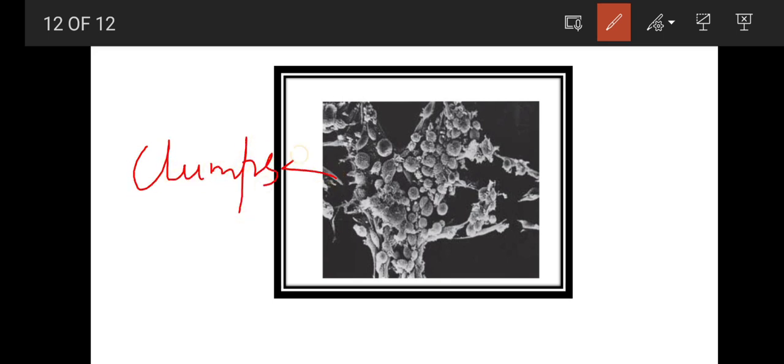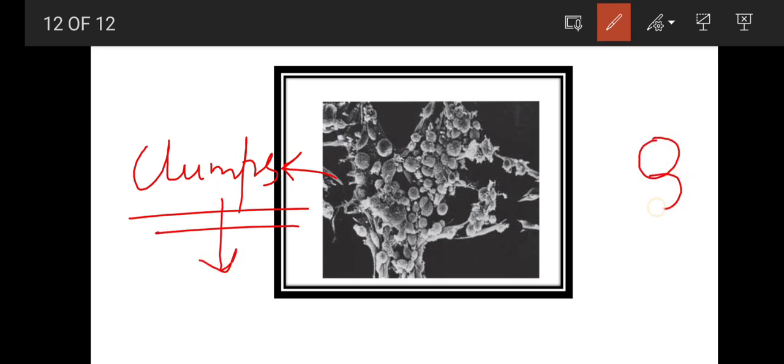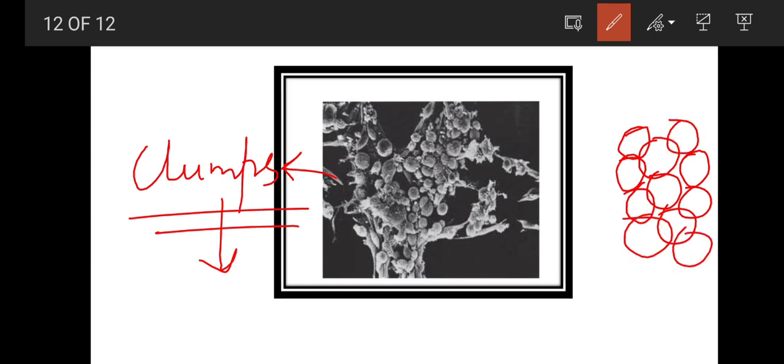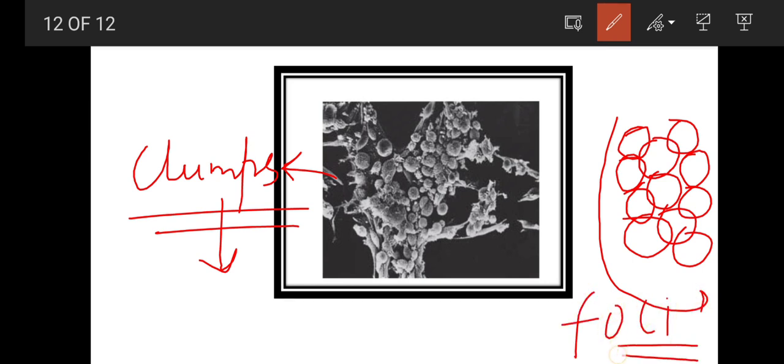These are the actual clumps which we were talking about. The different clumps will form, and like this these clumps grow to form a foci. So this is what actually happens in the case of the cancerous cells.